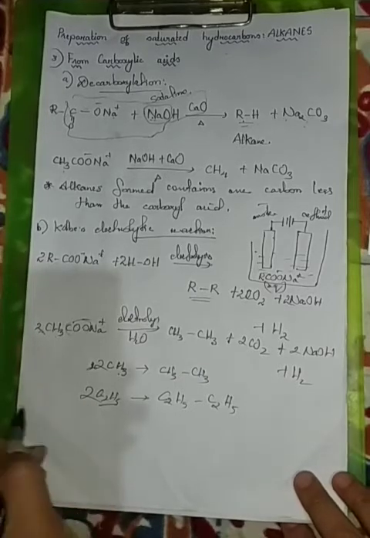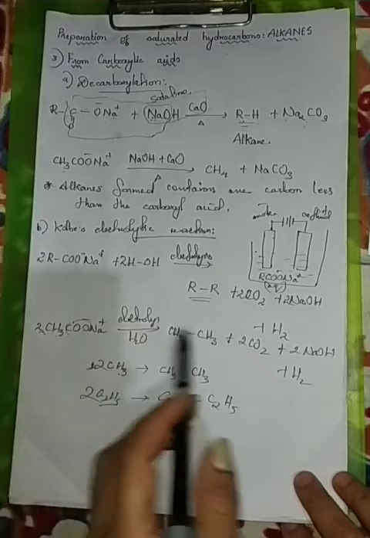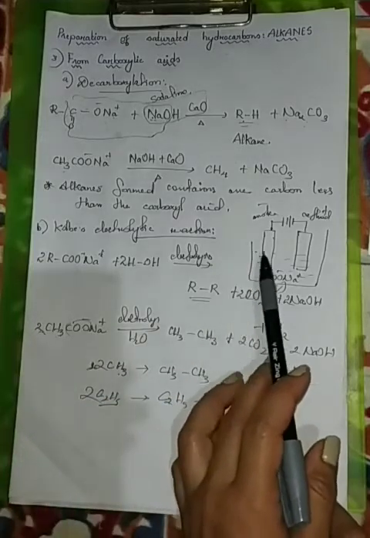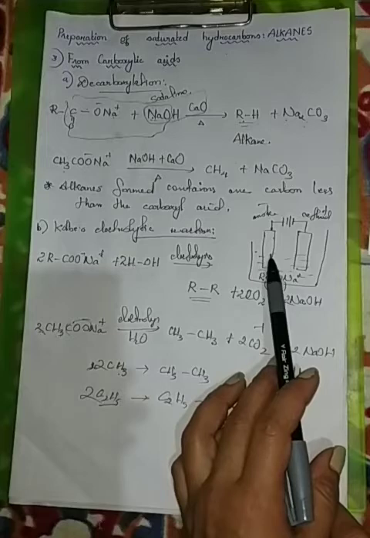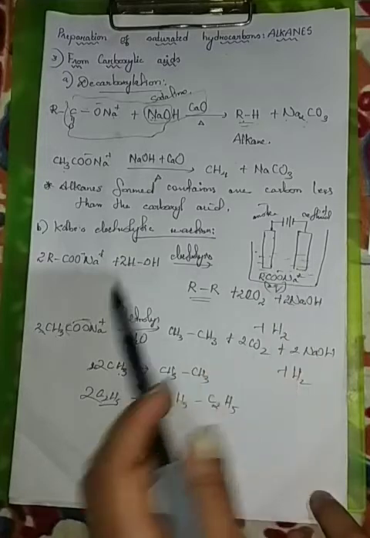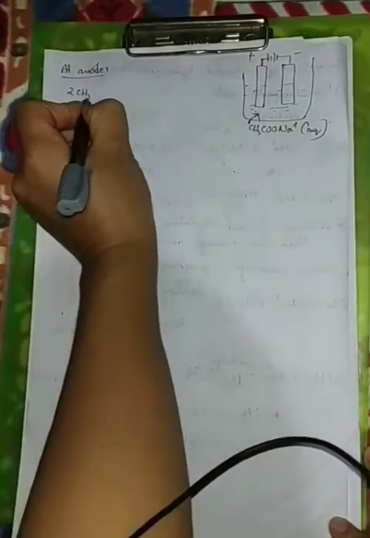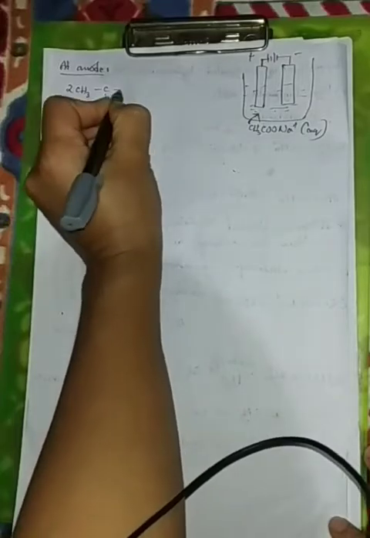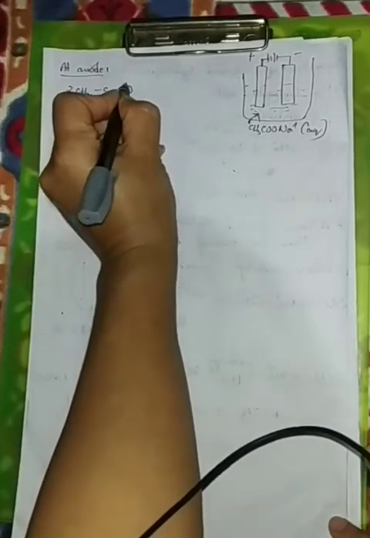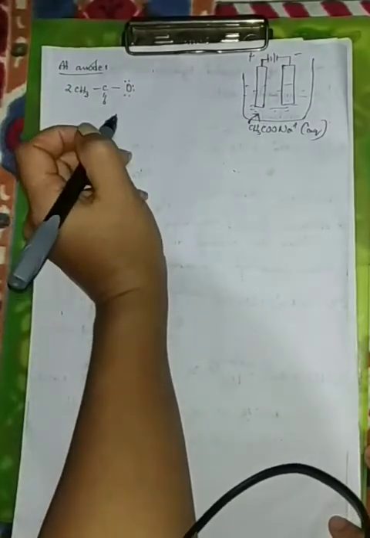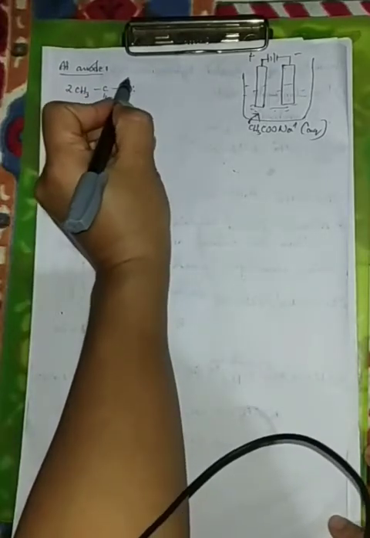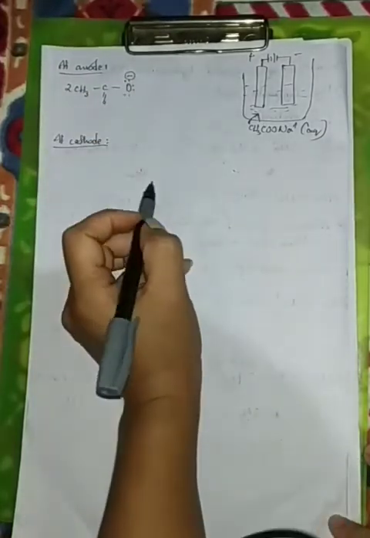Now there is a mechanism in this reaction. What reactions take place at the anode and cathode? Let us check what reaction takes place at the anode. At the anode, the 2 molecules of the salt of the carboxylic acid, if we take sodium acetate, carbon has a lone pair, the negative charge.